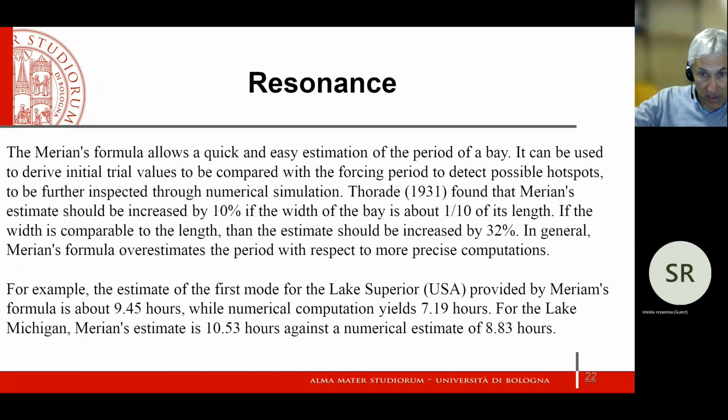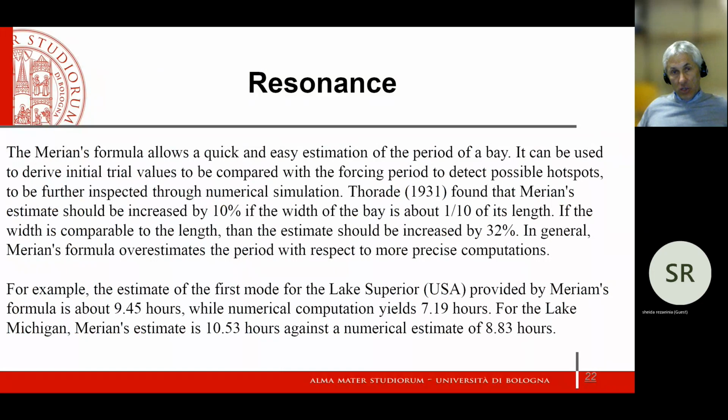Here are some examples of people that used Merian's formula successfully. Torade found that Merian's estimate should be increased by about 10%, which is okay, if the width of the bay is about 1/10 of its length. If the width of the bay is comparable to the length, then the estimate should be increased by 32%.